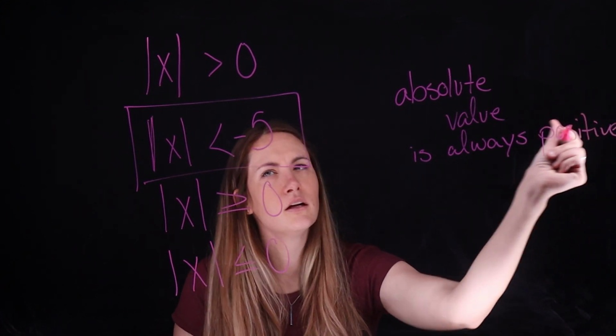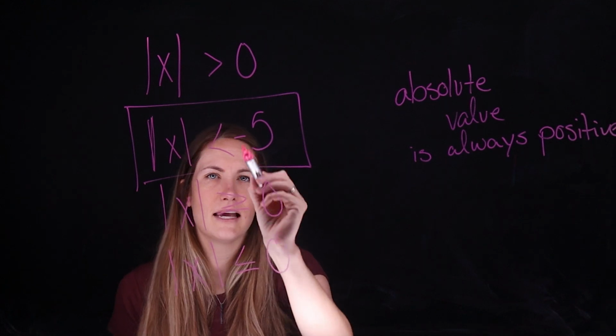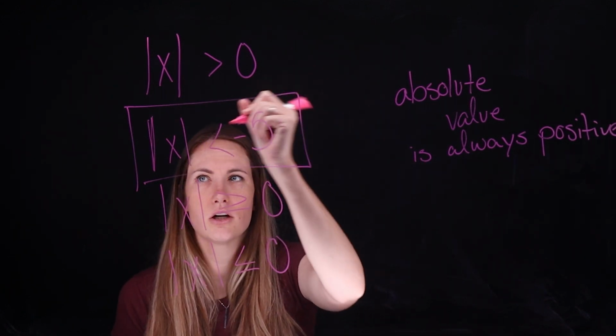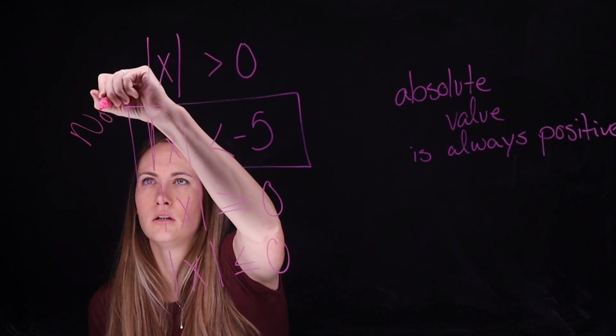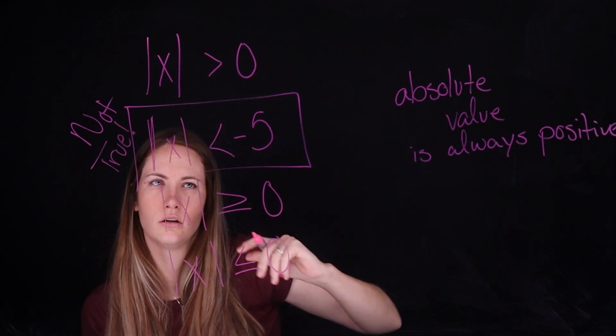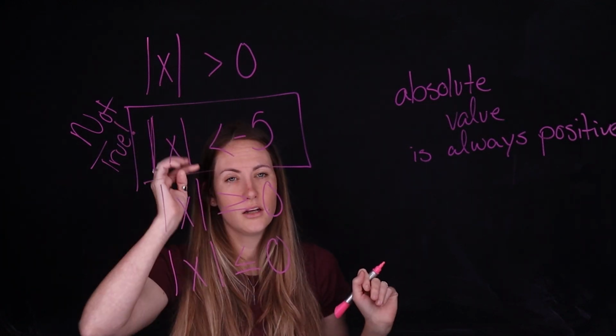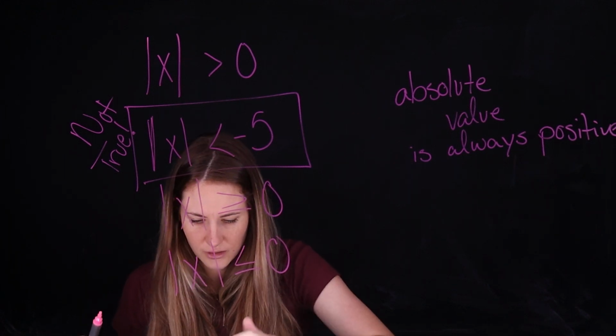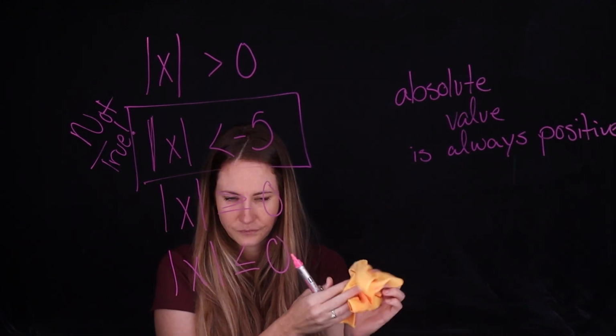So when we have the absolute value is less than -5, it's not less than -5 ever. This is not true. Absolute value will never be negative, and it will definitely not be less than a negative. Okay, let's see what our next problem looks like.